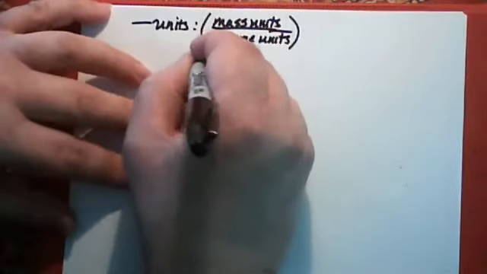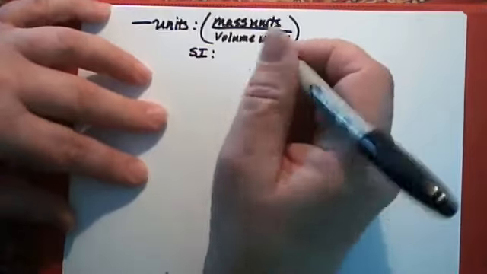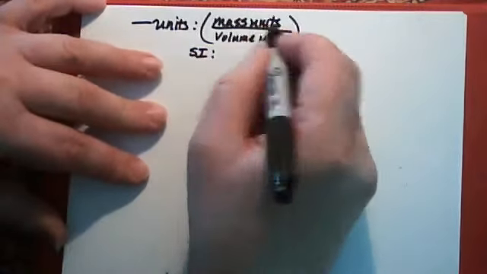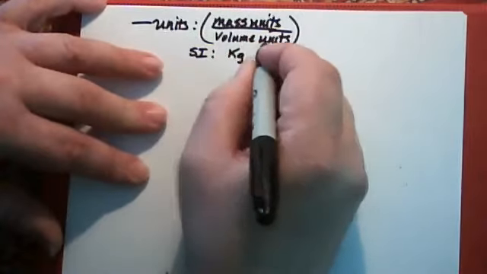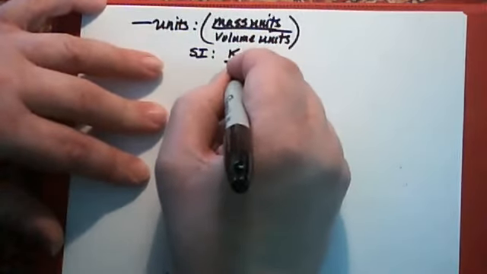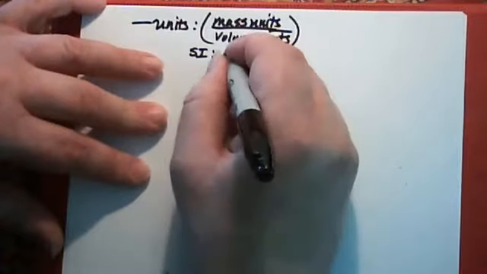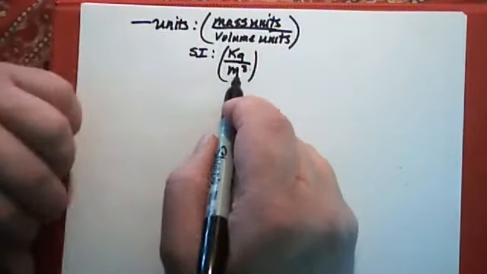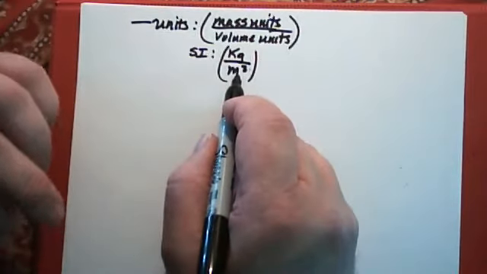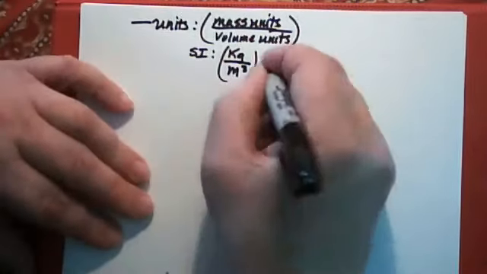But in the SI system, we have certain units that are standard for those two quantities. The standard unit for mass would be kilogram, and the standard unit for volume would be cubic meters. So kilograms per cubic meter would be the standard unit for density in the SI system.